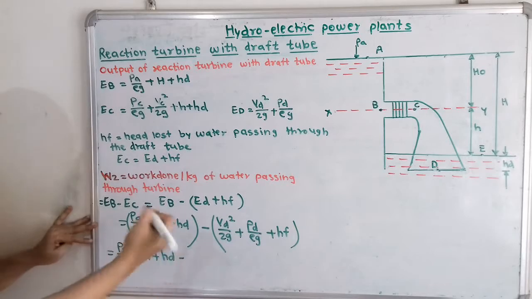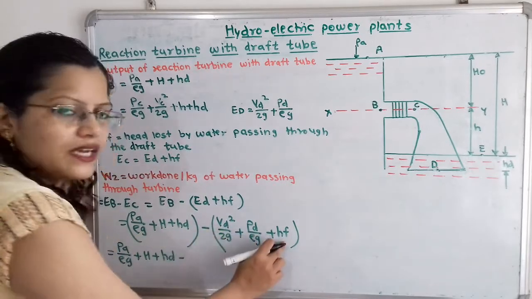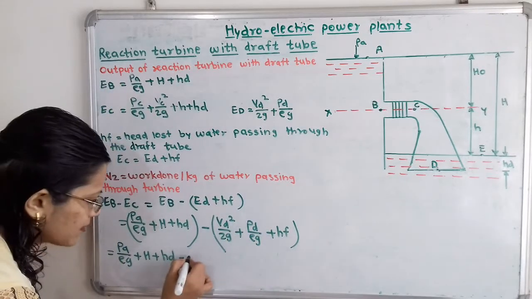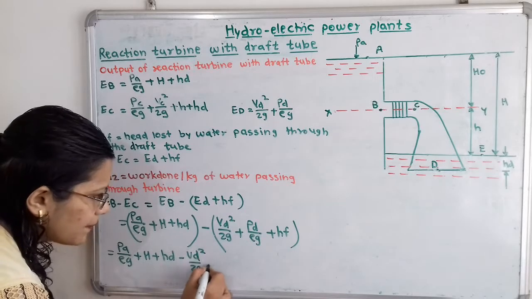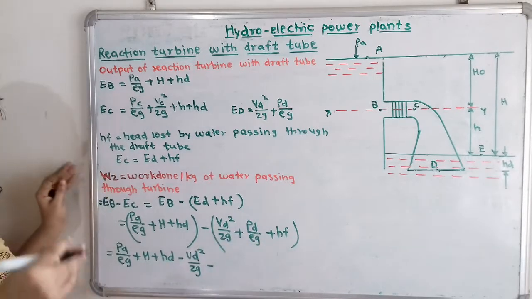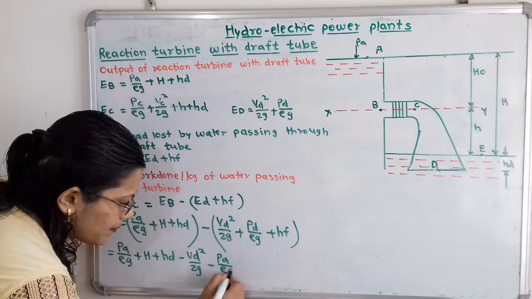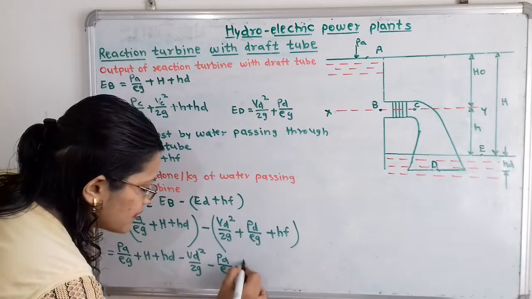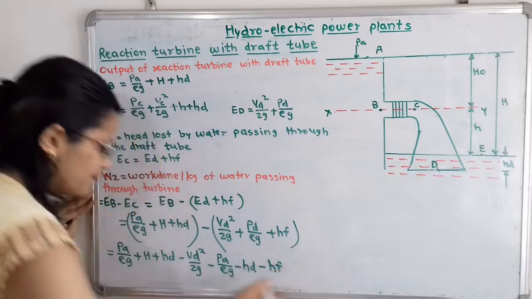Now at the same time I will simplify this. So all the signs, that is the plus sign, will become the minus. So I will remove this bracket, minus VD square by 2G minus, now instead of PD by rho G I will write PA by rho G plus HD. So this plus HD will also become minus HD, minus HF.